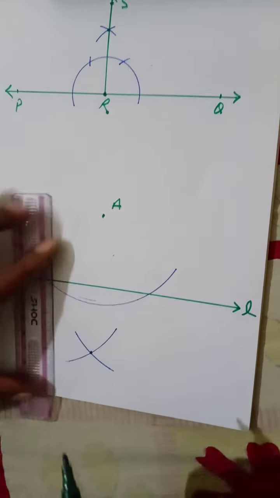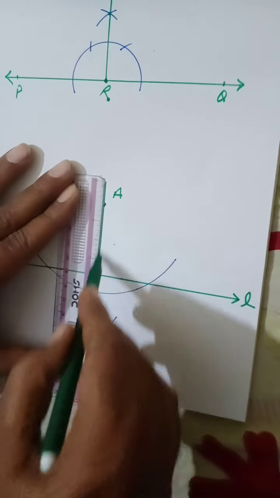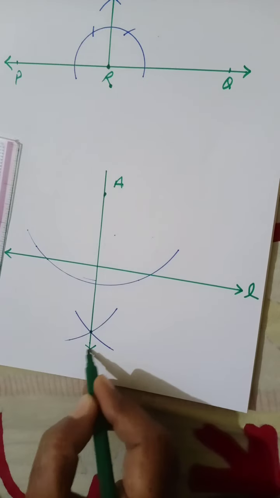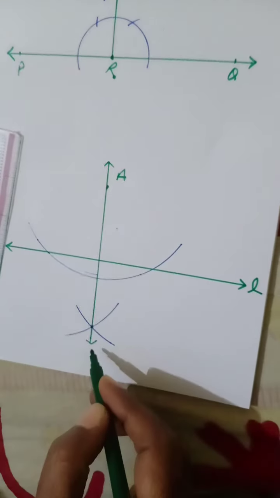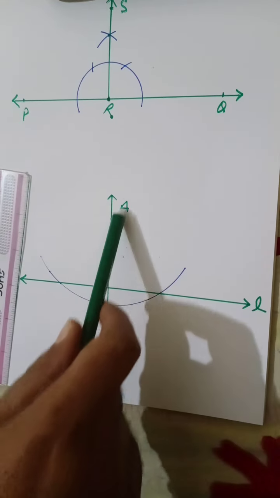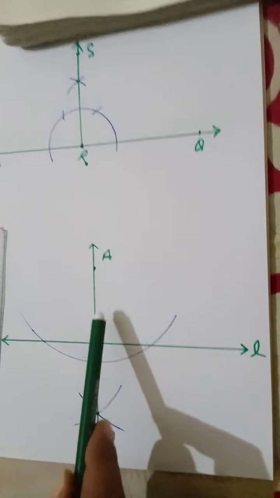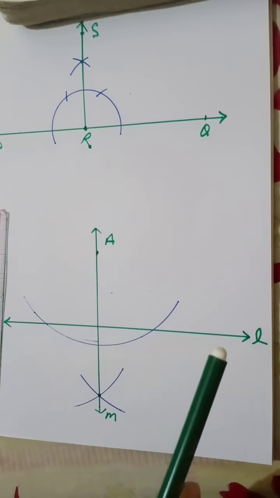Now join A with this, and this is the line M. So M is making an angle of 90 degree with this line L. So M is perpendicular on line L.